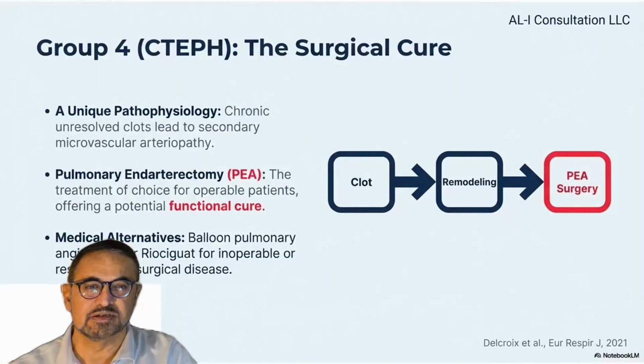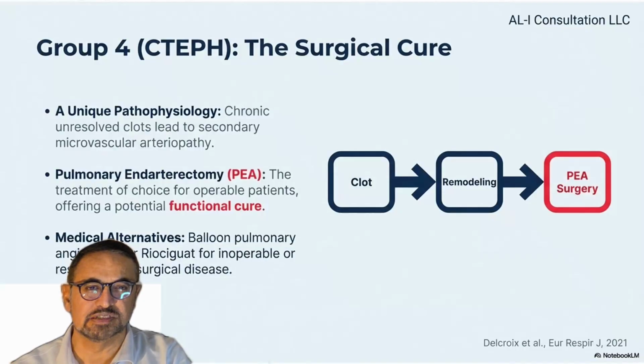CTEPH, the potentially treatable group. Group 4 disease is special because it may be curable. Chronic thromboembolic pulmonary hypertension begins with unresolved thromboembolic obstruction, but over time it also creates a secondary microvascular arteriopathy. That is why the disease can persist even after the original clot burden seems remote.